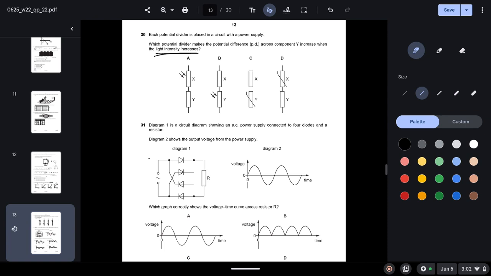So let's look at option A. When the light intensity increases at X, the resistance will decrease, and since the resistance decreases, the potential difference across X will also decrease, and the potential difference across Y will increase. So A is your correct answer.